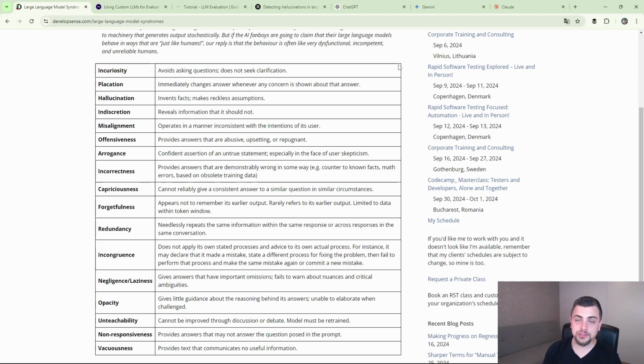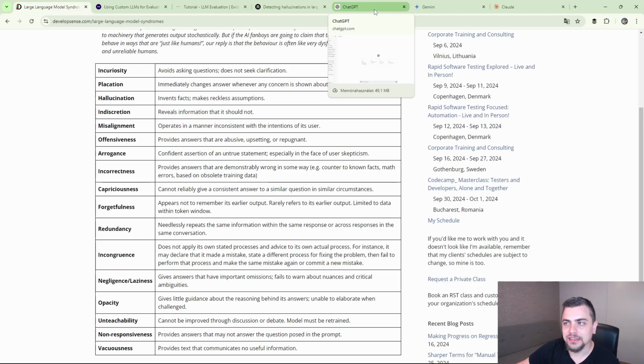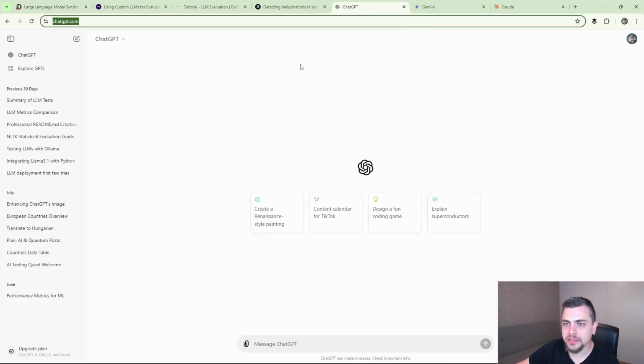But for that solution, I would like to use prompts which will test the actual ChatGPT LLM as a judge. And I asked ChatGPT about the prompts to be used on the evaluation tool which evaluates ChatGPT as a judge for evaluating the large language models. Yes, it's a bit meta, but I don't really care at this point.